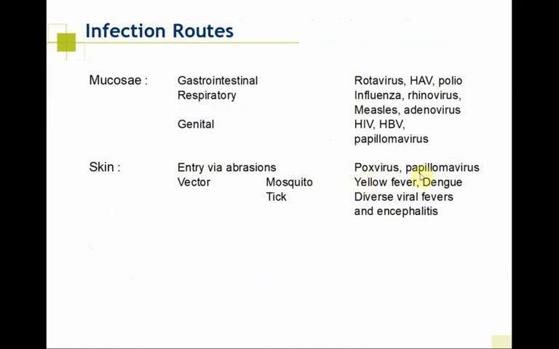There are some, like papillomaviruses that give you skin warts, and some pox viruses can infect through just a small scratch on the skin. But most viruses that start their infectious cycle under the skin are injected by vectors, by mosquitoes or by ticks that can bite you. And then they get access to living cells subcutaneously.